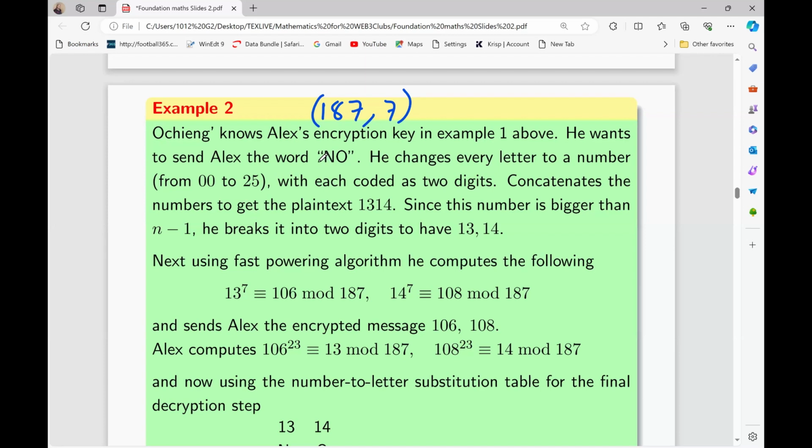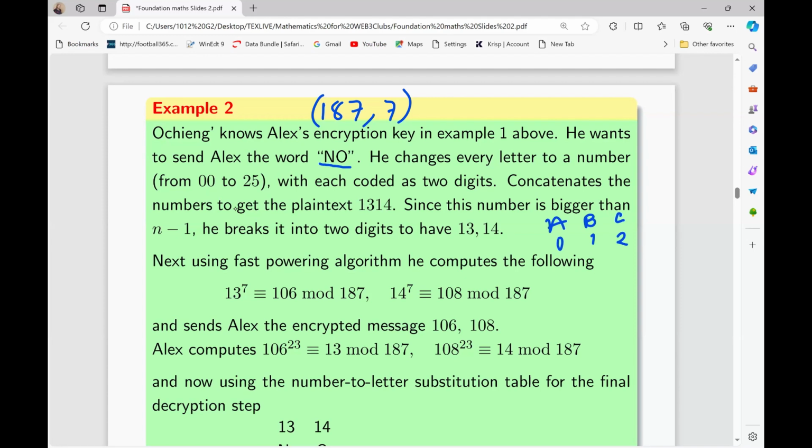So the first duty Ocheng has is to convert these to numbers. I've said he has to change every letter to a number. For instance, A is mapped to 0, B is mapped to 1, and C is mapped to 2. But when you're converting to numbers, you make 2 digits.